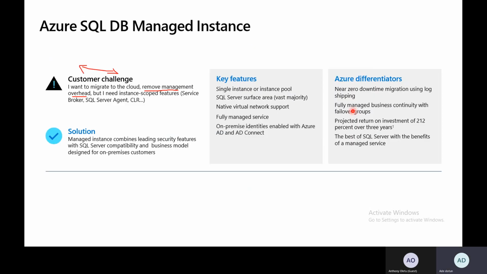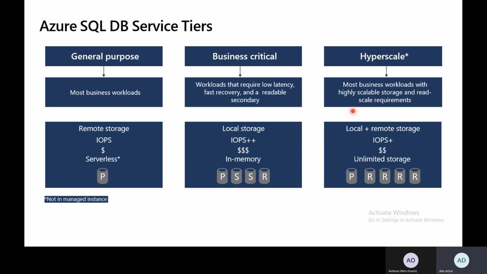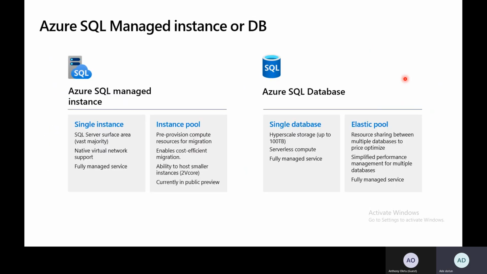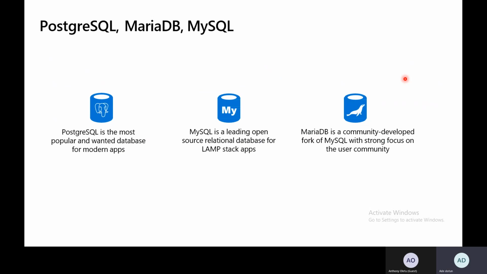If I go back, you can see there is an option in hyperscale. Hyperscale means that they can change at any time. In fact, you can scale to a high level, just like what this page is saying.